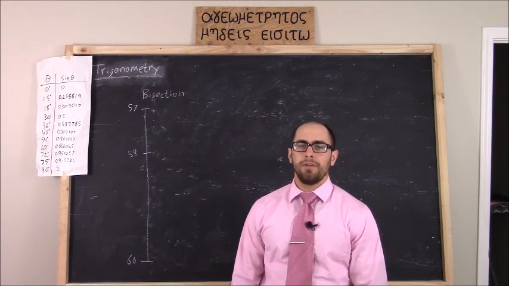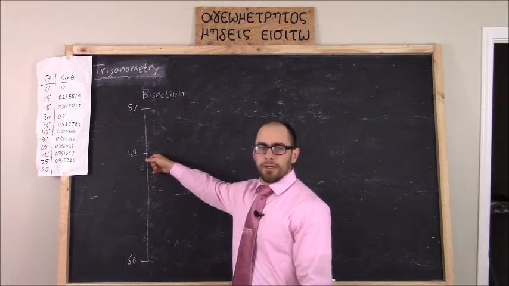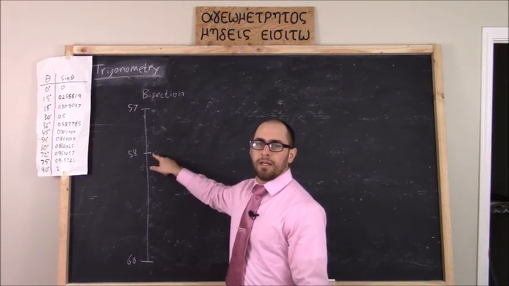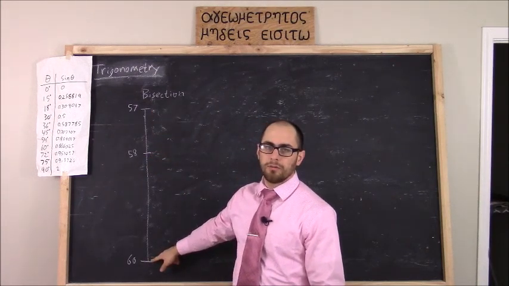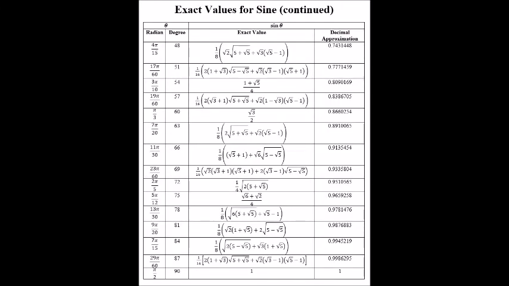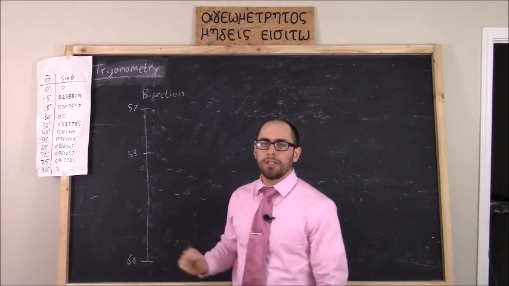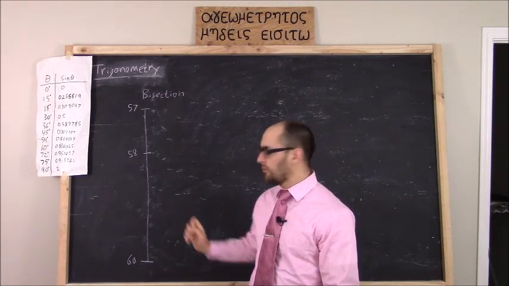So in our previous example, where we are looking for 58 degrees, that is not divisible by 3. It is bound by 57 and 60, according to our table that we've constructed. Linear interpolation was presented, and that is a way to approximate this value.